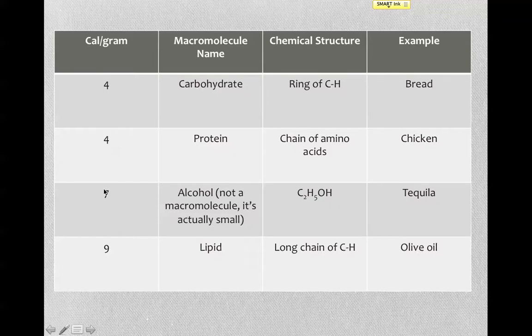Now we have this random 7, and the macromolecule name, alcohol. It's not a macromolecule. In fact, it's actually small. The chemical formula for alcohol is C2H5OH, and the formal name of this is ethanol. An example is tequila.